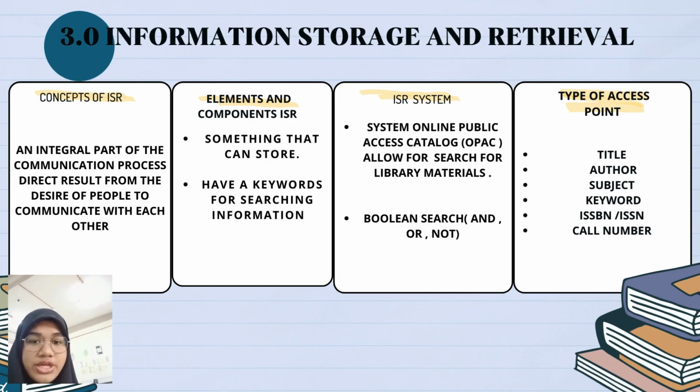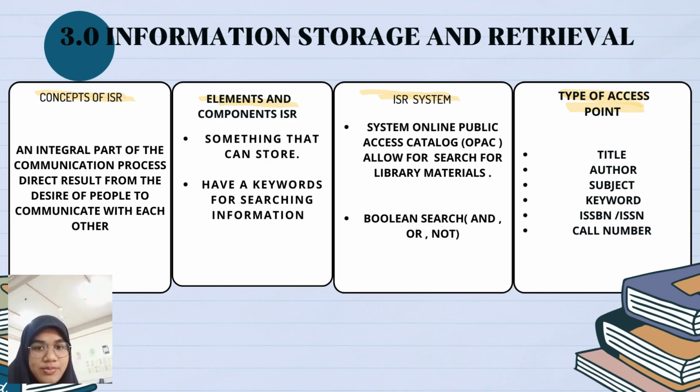Besides, when users want to retrieve information, they must address documents such as ISBN, ISSN, call number, or anything that relates to the information that the user wants to retrieve.